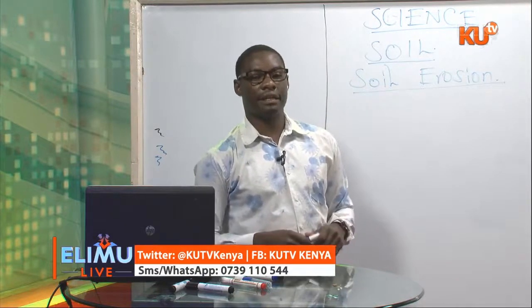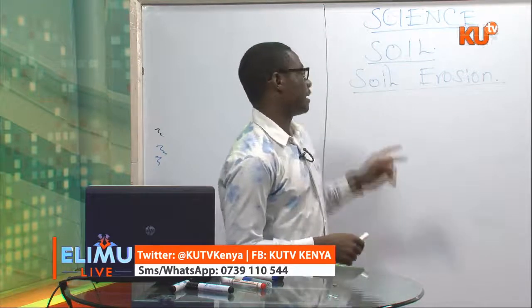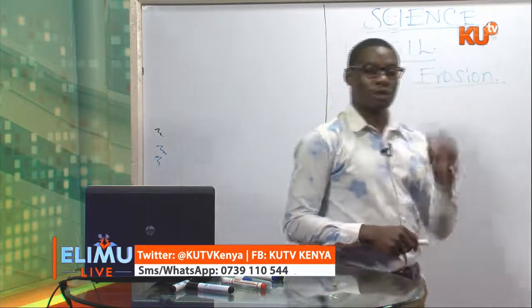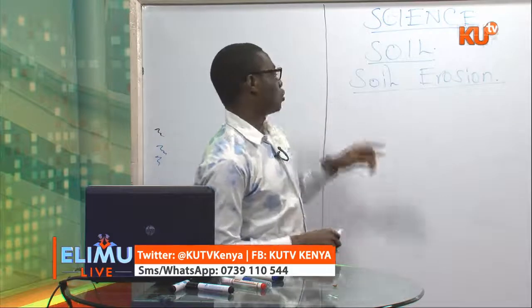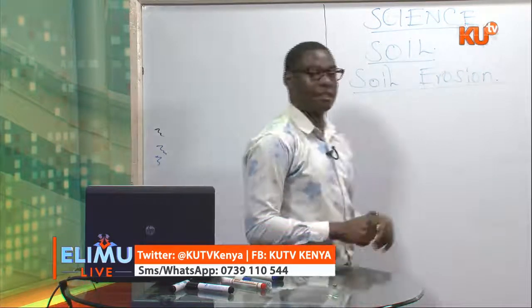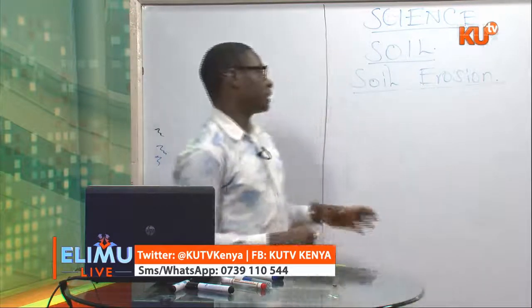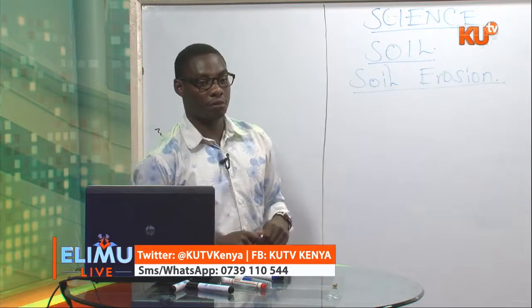Those are the lessons that you learned in the previous classes in this topic soil. So today we are going to talk about soil erosion. This is the content that you need to learn in class 6. As you go to class 7 and 8, you'll also learn something else about the same topic.